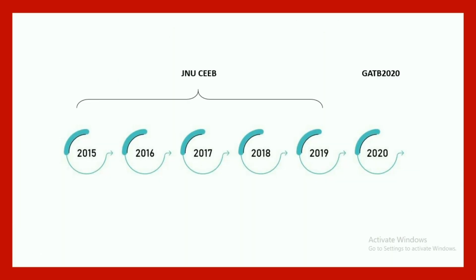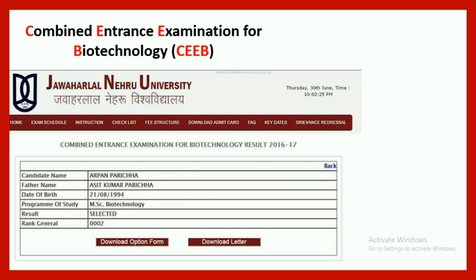I have collected questions from 2015 to 2019 and arranged them in a logical framework which would be helpful for your preparation. By the way guys, I also qualified JNU CEEB long back in 2016, and this year I secured a rank of 02, so you can rely on me and I'll try to share all my tips and tricks with you which would help you.